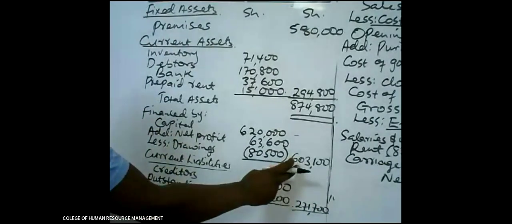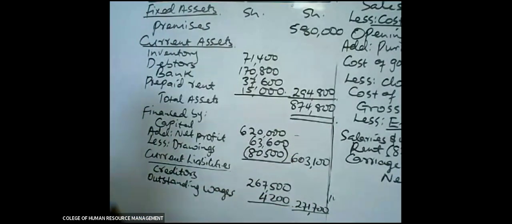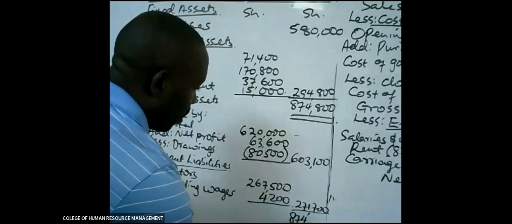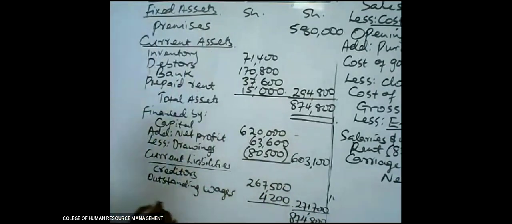So you have the capital and liabilities. You add them. 874,800. Total capital and liabilities.